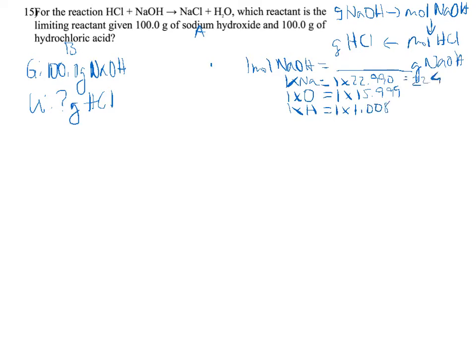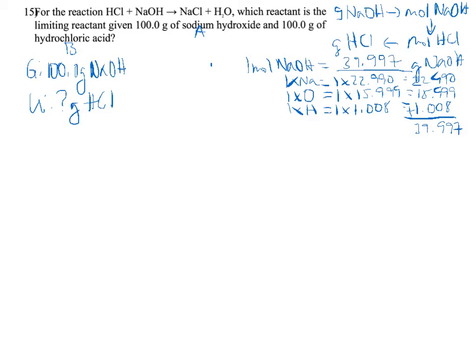So all of these are just the same numbers, because anything times 1 is itself. And you need to add them all up, and you get 39.997. So we put that in our blank, 39.997 grams of sodium hydroxide.